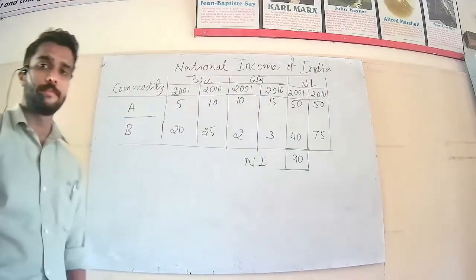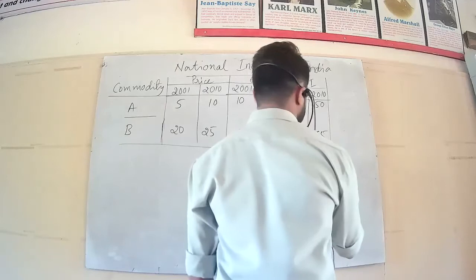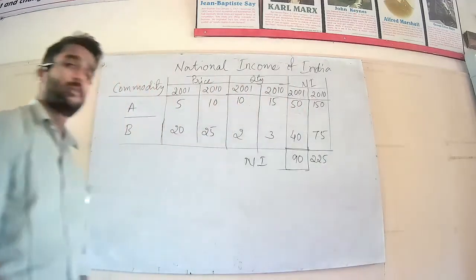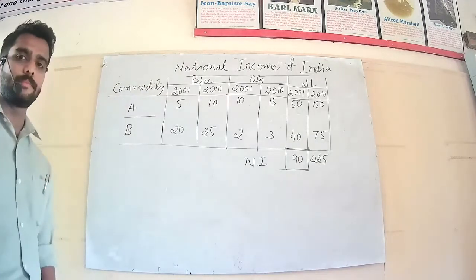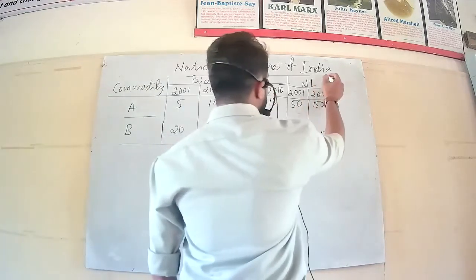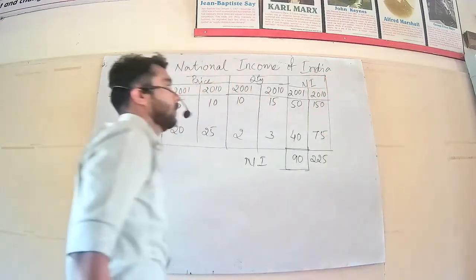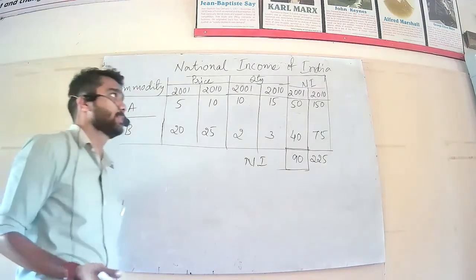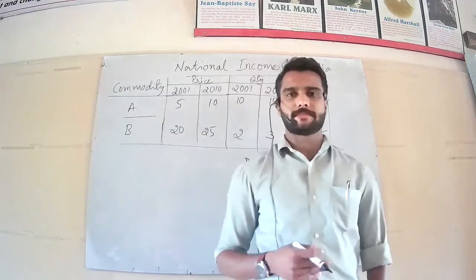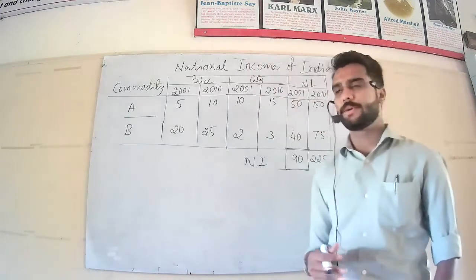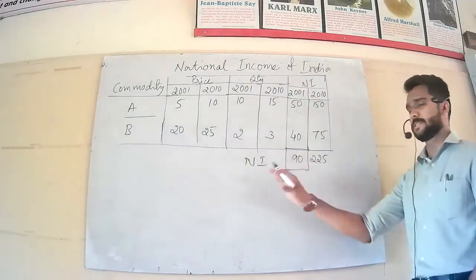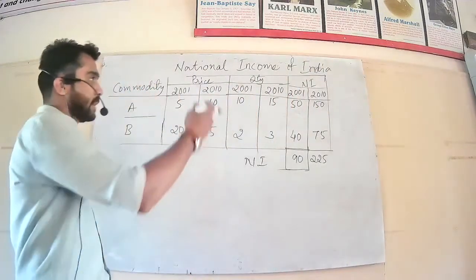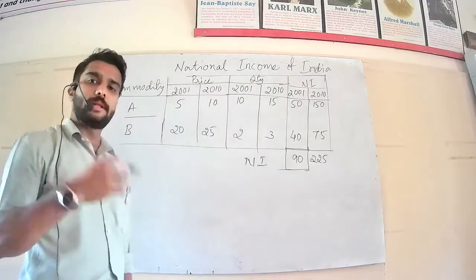What is the total? The total national income became 225, isn't it? But this national income figure is called nominal national income, or this GDP calculation is called nominal GDP. It's not the real GDP, because as the quantity of production has changed, the prices have also changed. So the figure we are getting here is the nominal GDP.